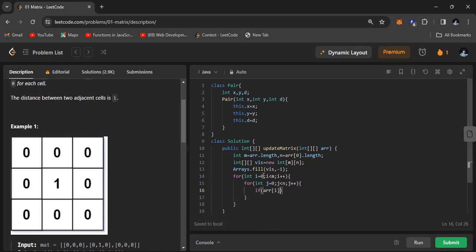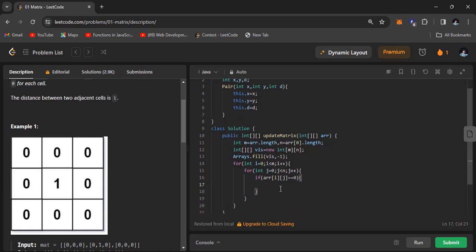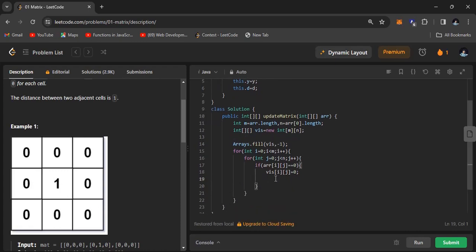If array of ij equals 0, then visited of ij equals 0. Visited or answer will be the same, but to try to minimize space I have taken the same visited, that means visited will be treated as the answer.